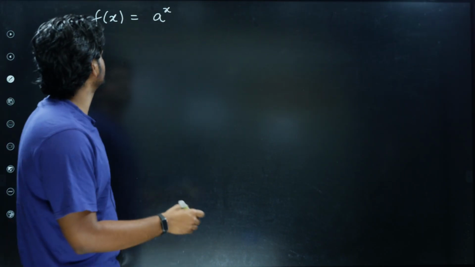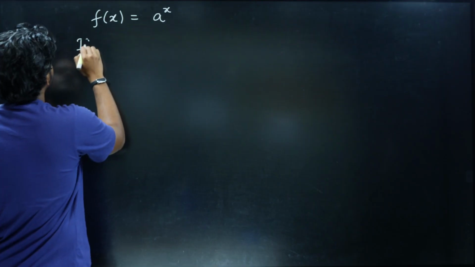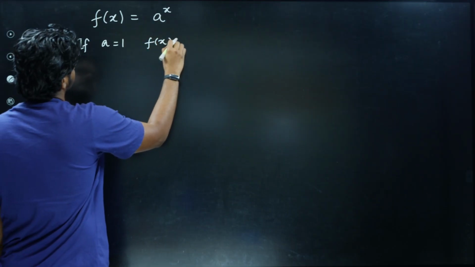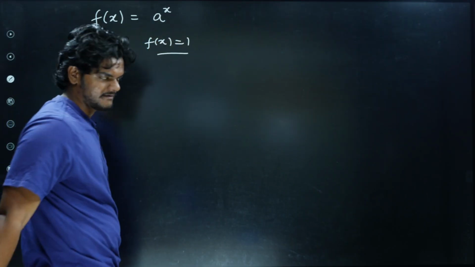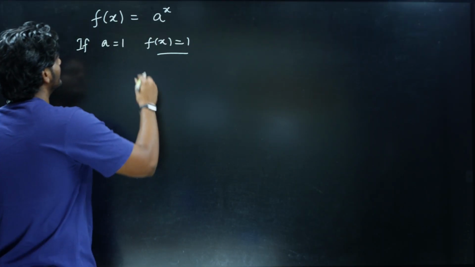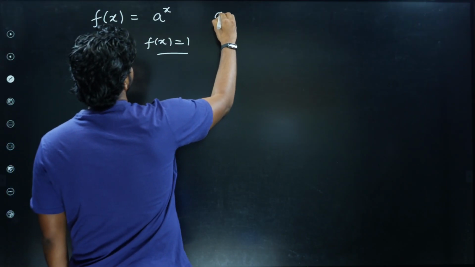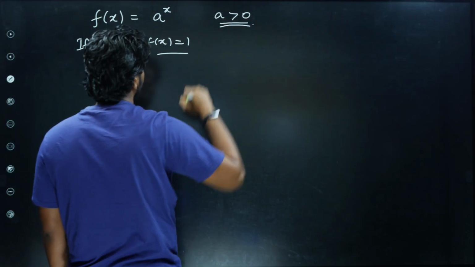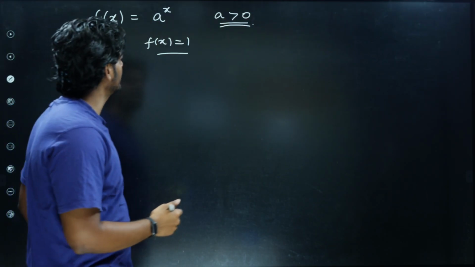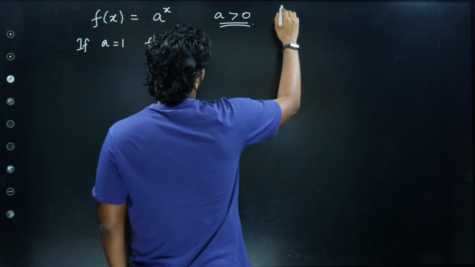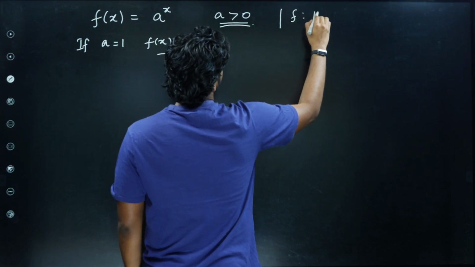Now you can see that if a is equal to 1, f of x is simply 1, right? It doesn't matter. And another observation is that we will only deal with positive a's. A should be greater than 0, right? Because if it is negative, we won't be able to take all real values. We want to define it for all real values, right?